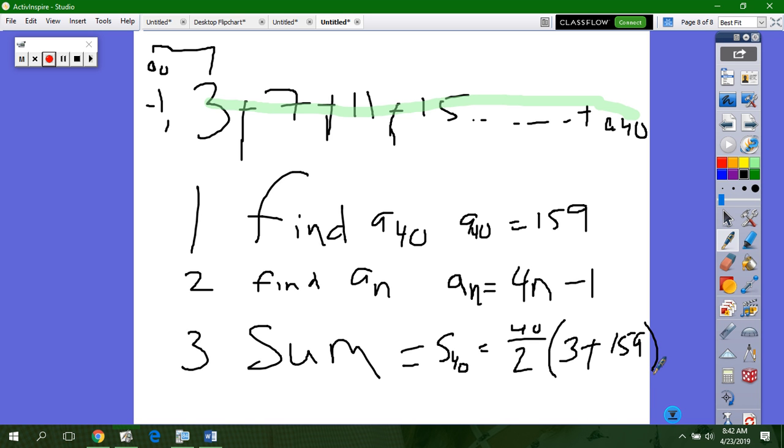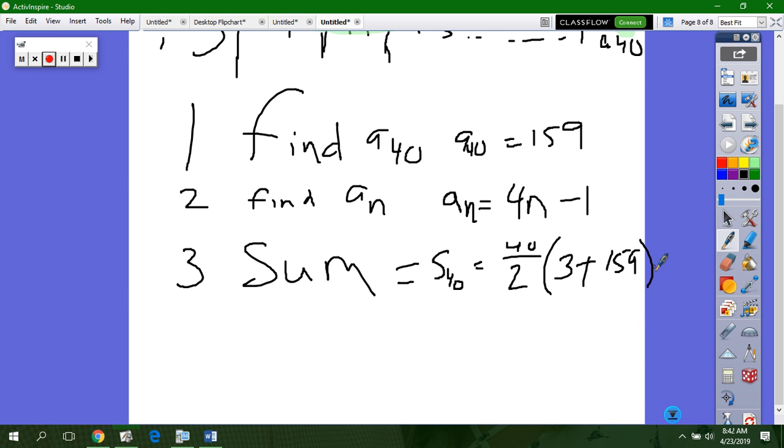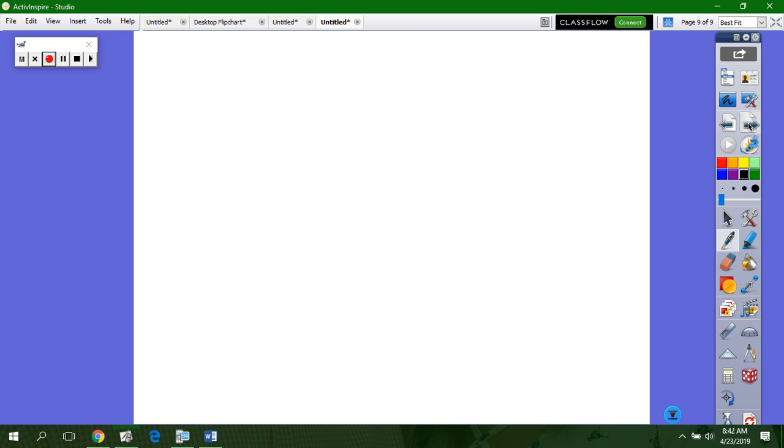Does that make sense, Thane? Okay. So this is 20 times 162, which is 3,240. So 3,240. That'd be the sum of the first 40 terms. Okay, let's go back to our problem with the rows.